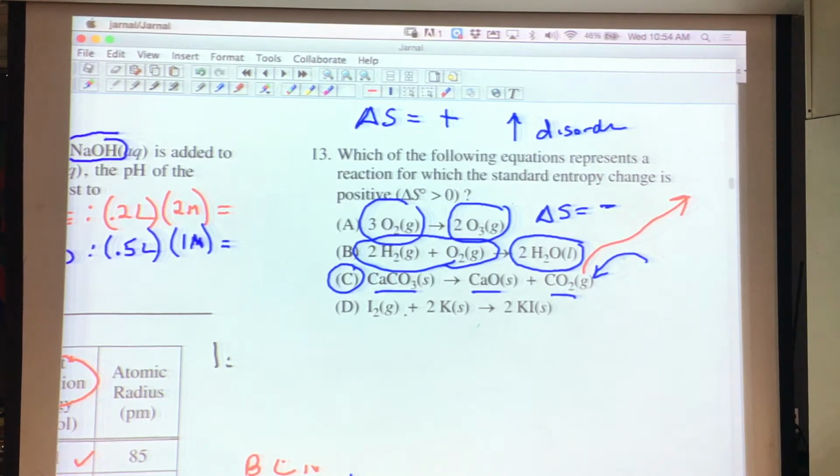Okay? But anytime they ask you about entropy in an equation, count the number of reactant molecules to product molecules. If the product molecules are increasing, you're increasing the disorder. Also look at the phases. If you're going from a liquid to a gas, clearly the disorder is increasing because you're dispersing that energy. D is for the same reason, you're putting stuff together. Should be an easy question, but the concept here is in part 2.